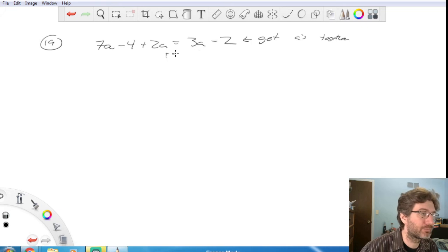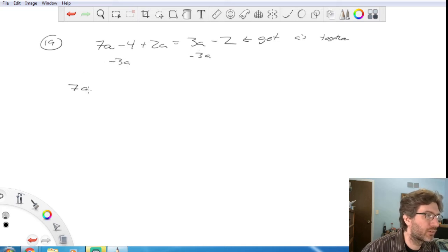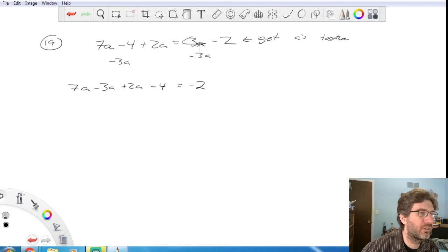And to do that, we're going to subtract 3a. I'm just going to rewrite things. Again, this is going to cancel. Don't lose the sign. Again, a lot of you lost signs when you were doing things. So don't lose the sign. This is a -2.